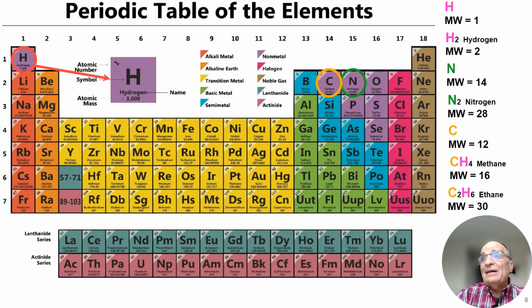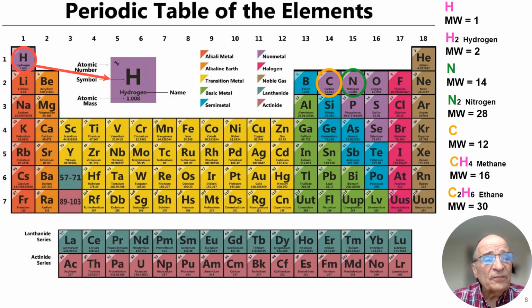And of the diatomic molecules, there are only 7 of them: hydrogen, nitrogen, oxygen, fluorine, chlorine, bromine, and iodine. Those are all found in nature as a molecule, meaning they're 2 atoms bound together.